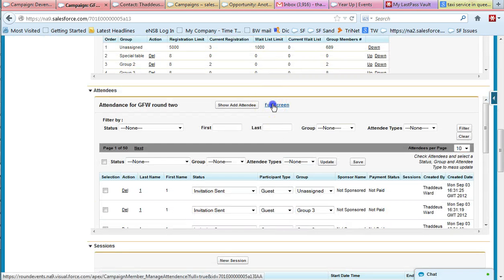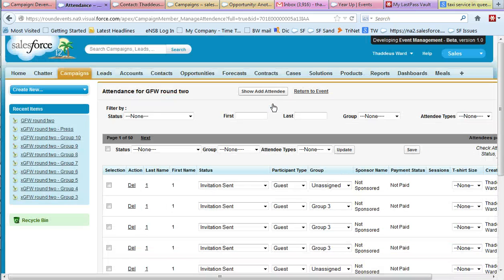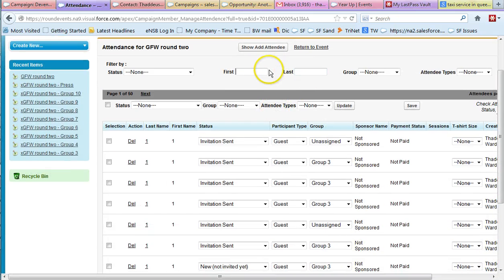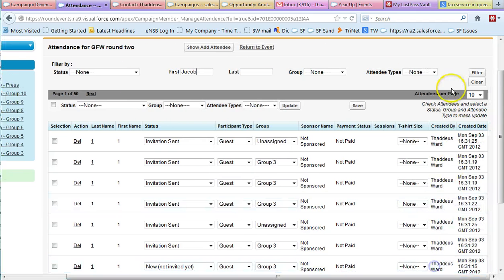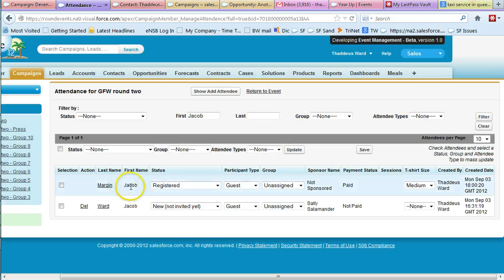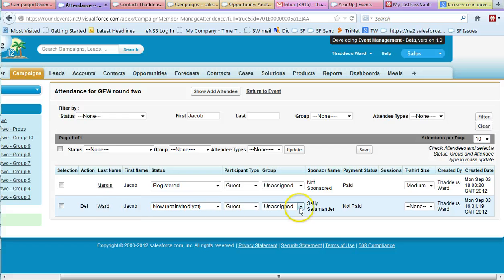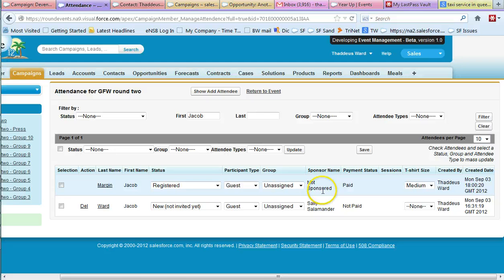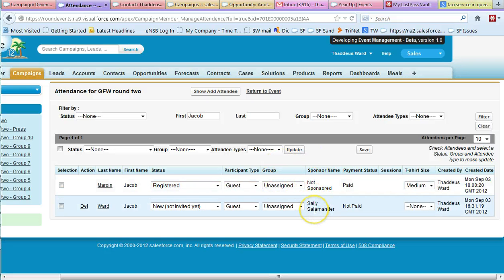And I look at my attendees, full screen. Filter for Jacob. I can now see that he is a guest who's being sponsored by Sally Salamander. So I can group people according to those things and take a look at that.